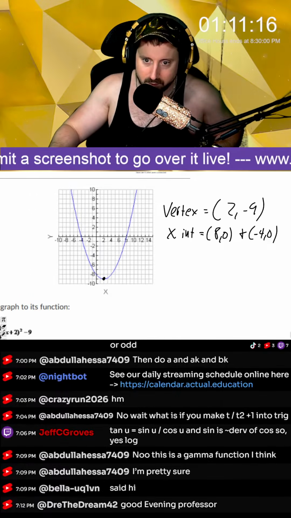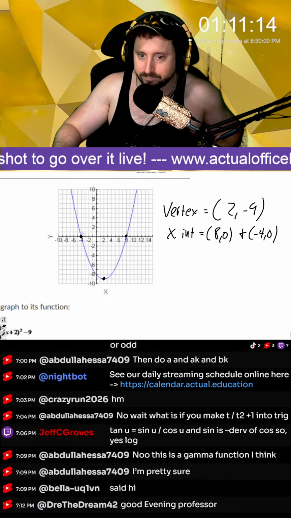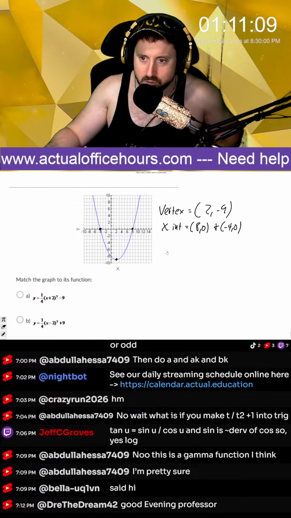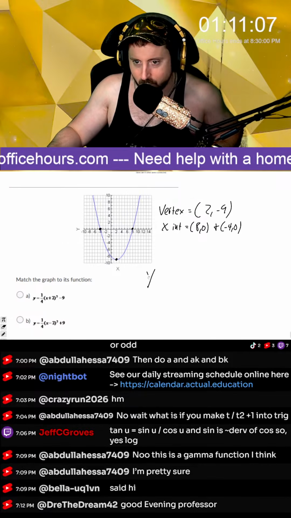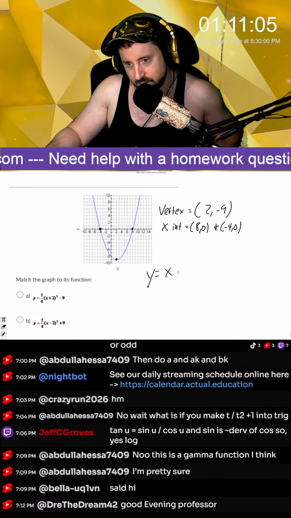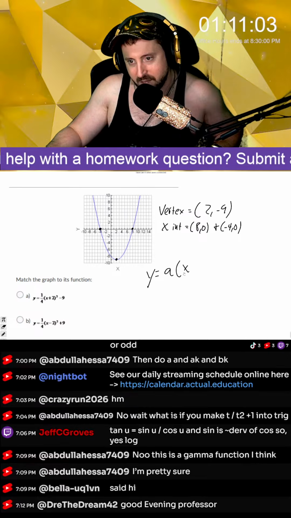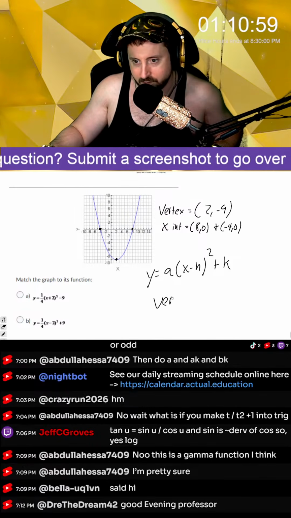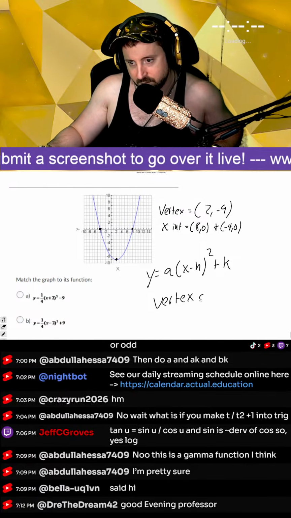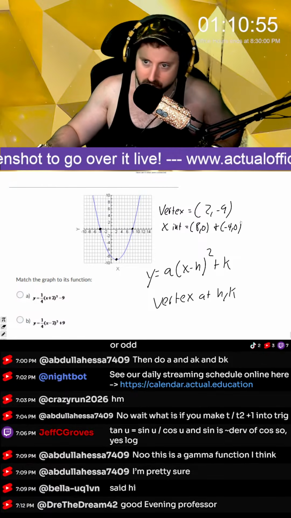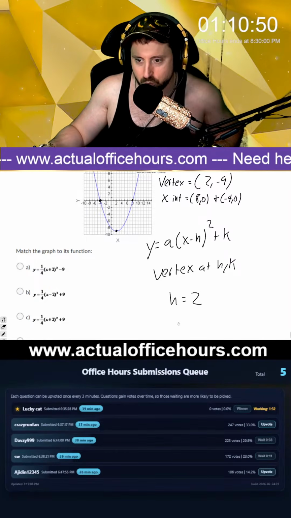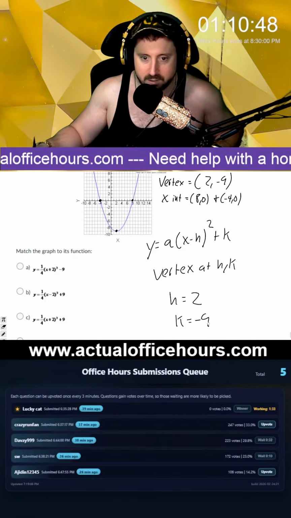Okay, great. So here and here. Usually things have this form: y equals a times x minus h squared plus k, where the vertex is at h comma k. Since the vertex is at 2, -9, that tells me h equals 2, k equals -9.